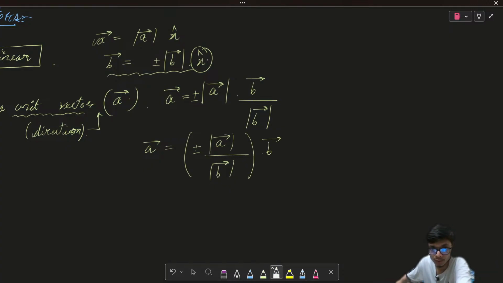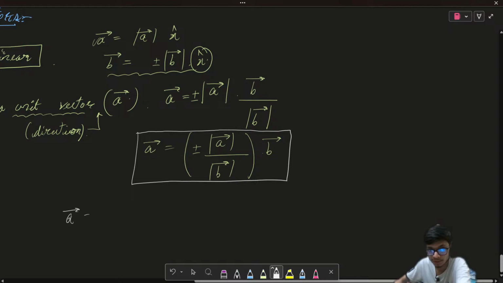So what I observe is that I am able to write the expression of a vector in terms of b vector. My expression for a vector can be given as some lambda times b vector, where this lambda is nothing but a real constant. So lambda is a real number.